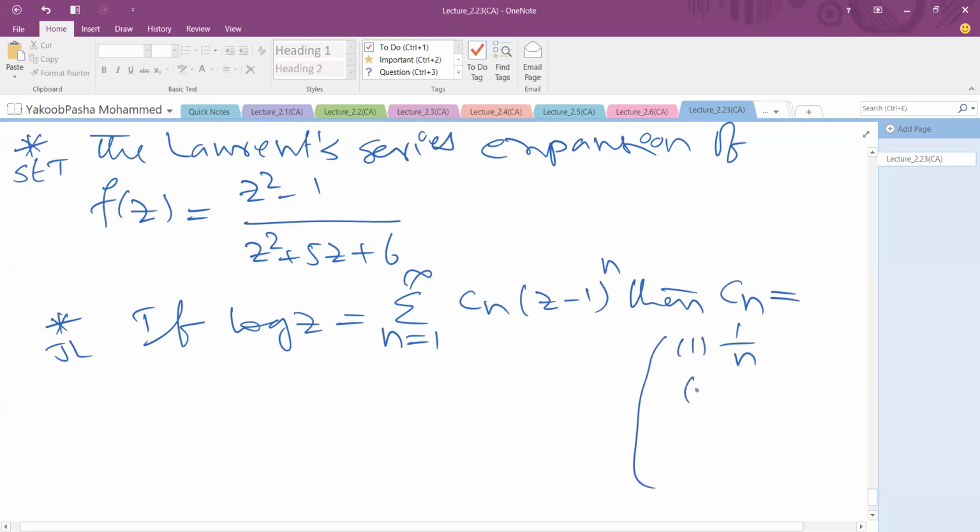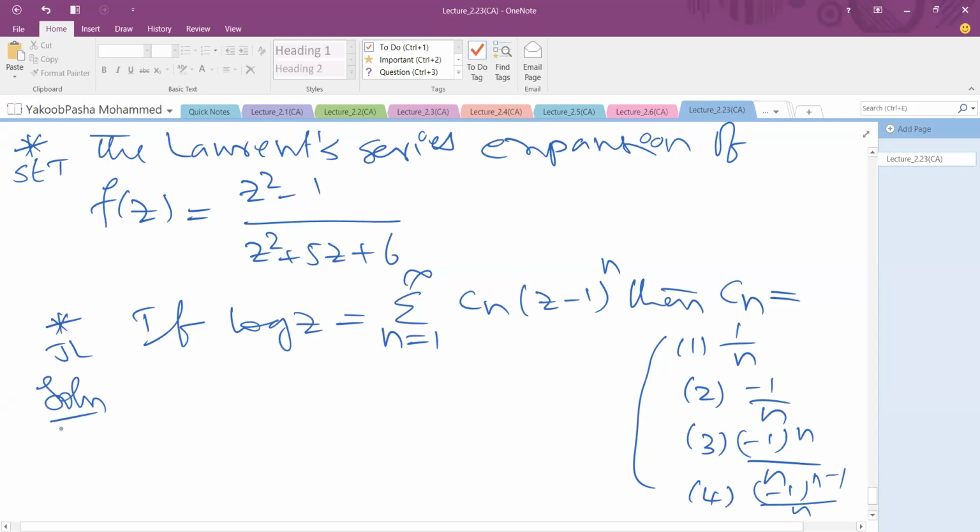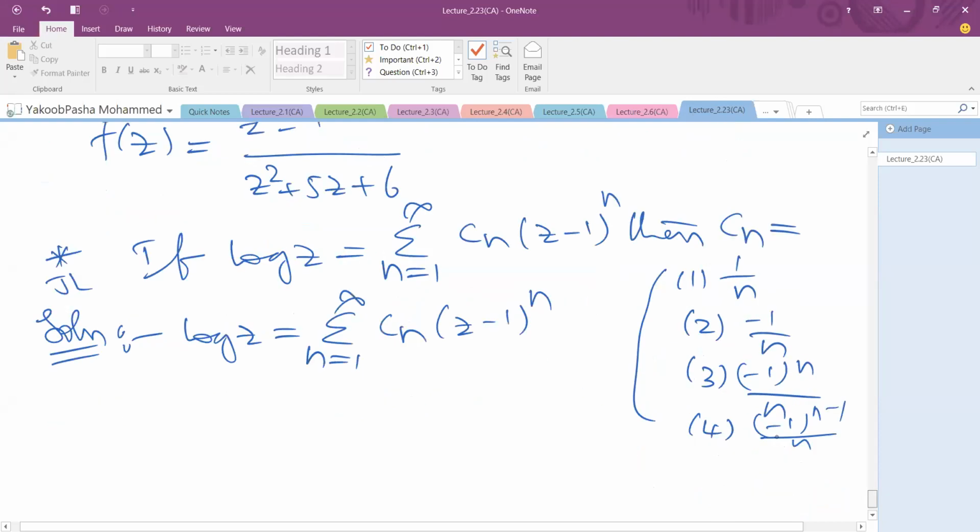First option 1 by n, second option minus 1 by n, third option (minus 1) to the power of n by n, and the fourth option (minus 1) to the power of n minus 1 by n. Okay. So we are given log z is equal to summation n is equal to 1 to infinity Cn (z minus 1) whole to the power of n.